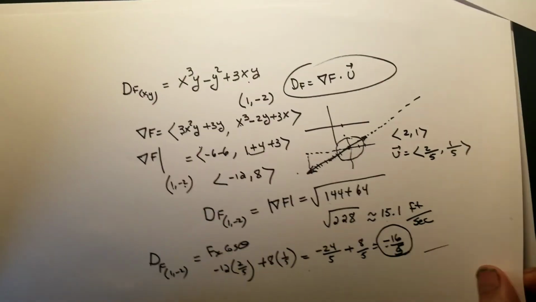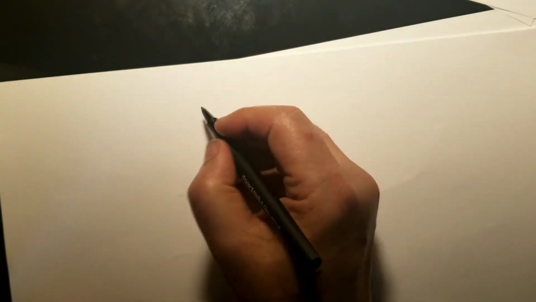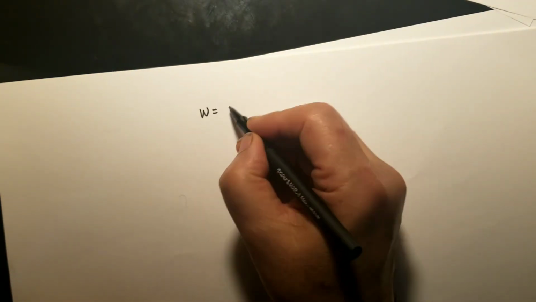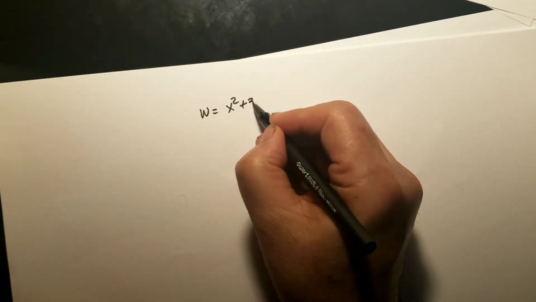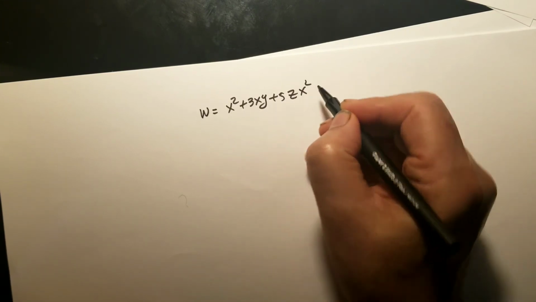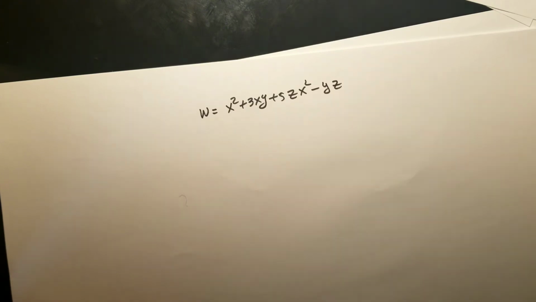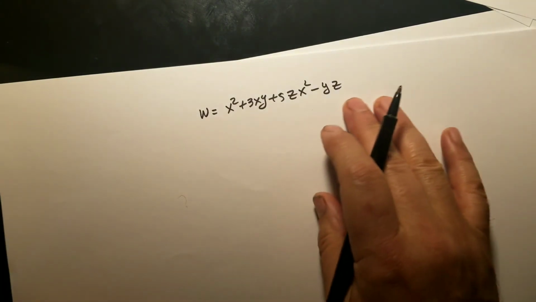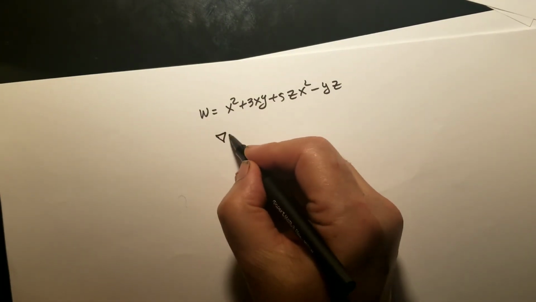Please remember that when it comes to R3, like if you do have w equal to x squared plus 3xy plus 5zx squared minus yz, does this one have a gradient? Yes, it does have a gradient.